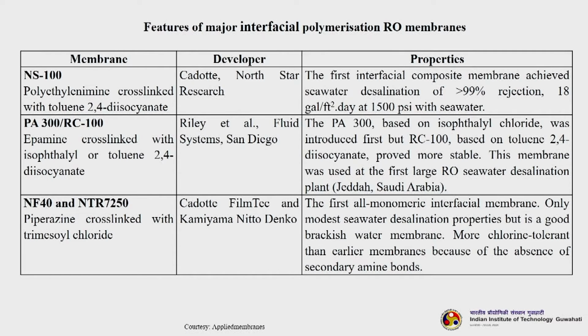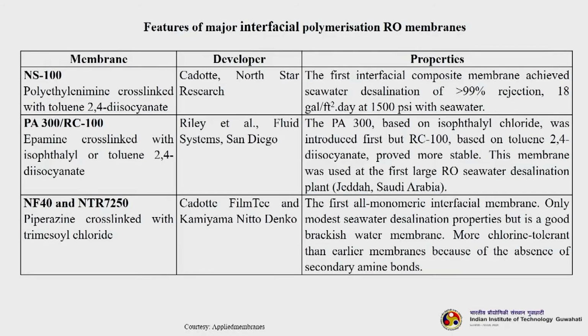The developer is Cadotte at North Star Research. This is the first interfacial composite membrane that achieved a desalination of greater than 99% rejection, and 18 gallons per feet square per day is the flux with 1500 psi seawater.